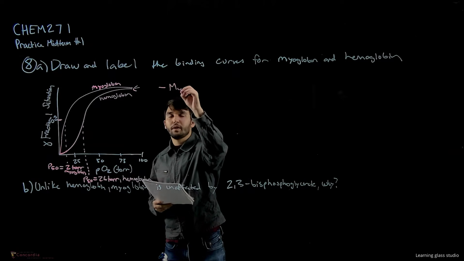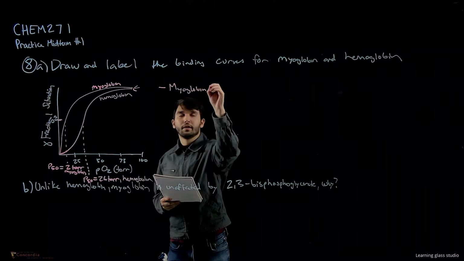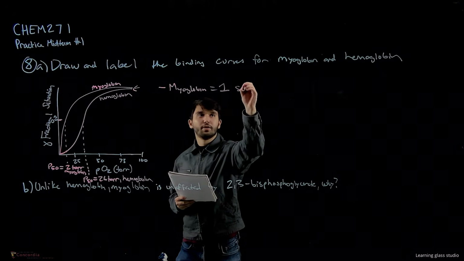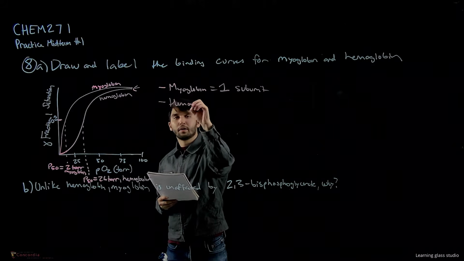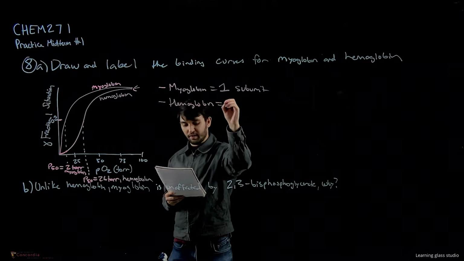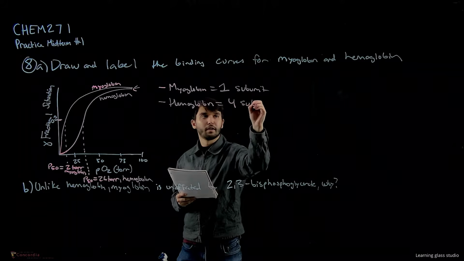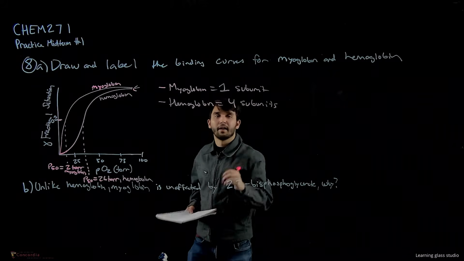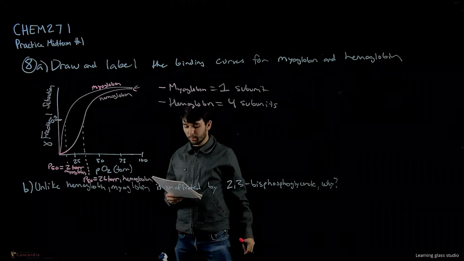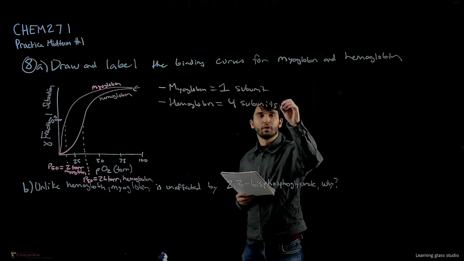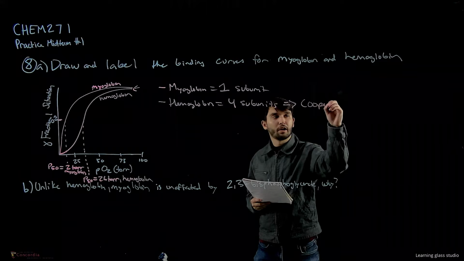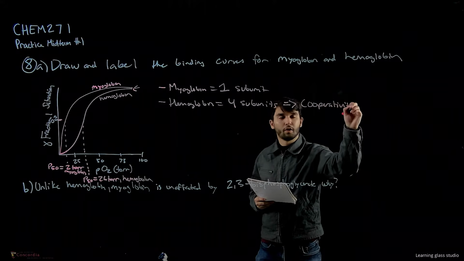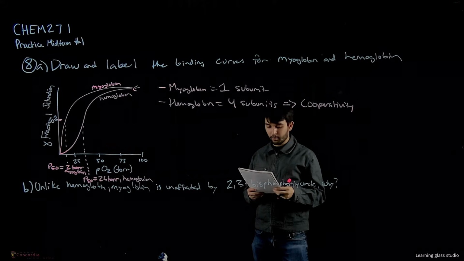So myoglobin is 1 subunit, while hemoglobin is 4 subunits. This represents a tetramer for hemoglobin, and this leads to something called cooperativity or allosteric regulation.